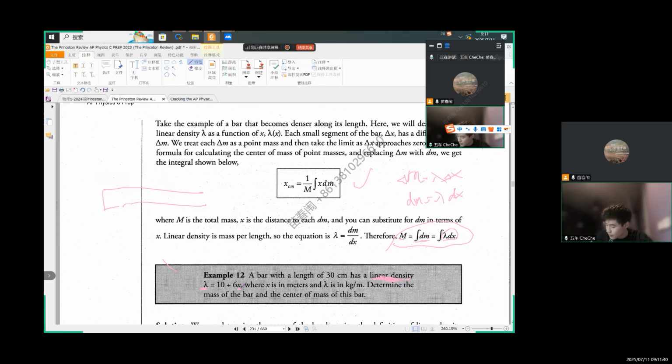Let's do example 12. A bar with length 30 has a linear density of that, where x is in meters and that is in kg/m. Determine the mass of the bar and the center of mass of the bar.